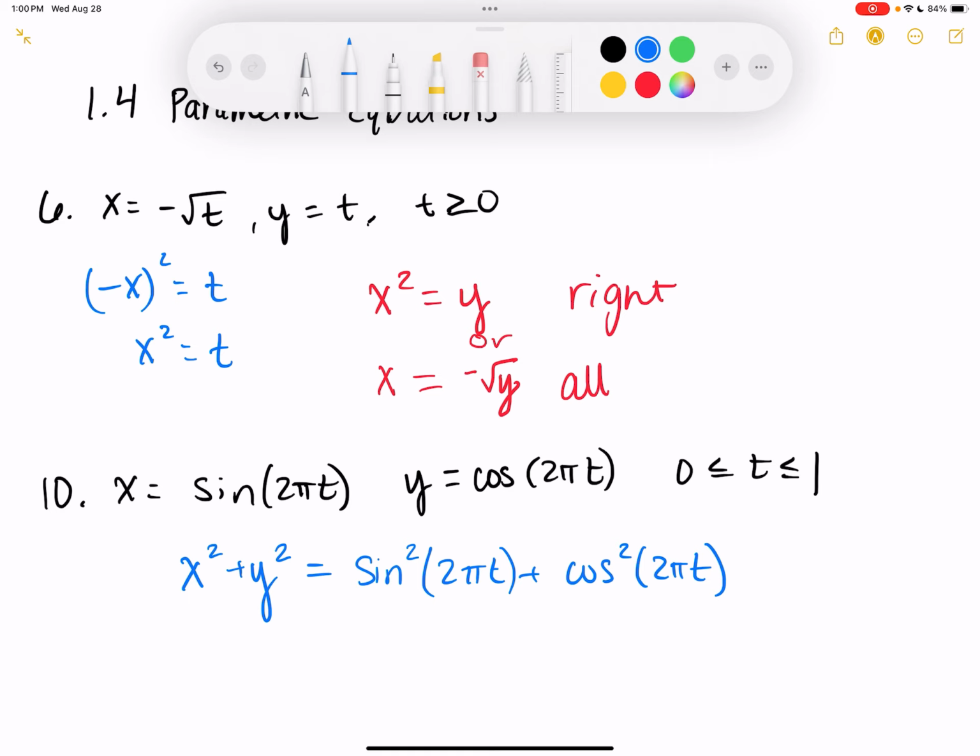So then I don't have anything in front, and we know that sine squared plus cosine squared is 1, and they have the same thing inside, so we don't really have to worry about that. So this is just going to be equal to 1. So x squared plus y squared equals 1. And in terms of the values that it would take on, it would be all of them because it's a circle.